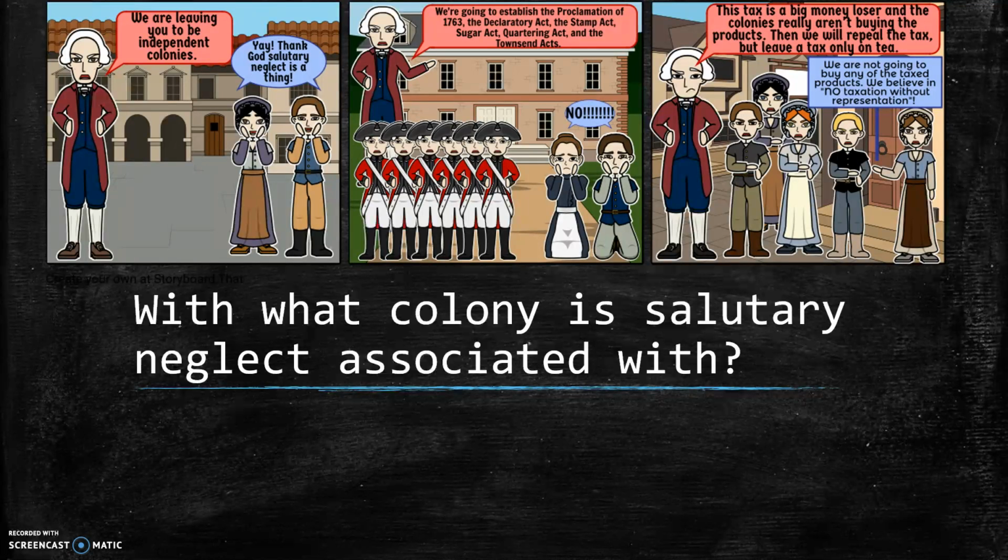With what colony is salutary neglect associated? As you can tell from the picture, he's a redcoat, so it is associated with the British. And what is salutary neglect? It is a policy which was practiced in the British colonies.